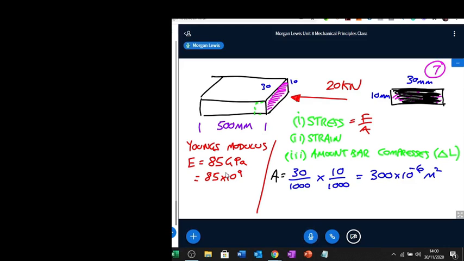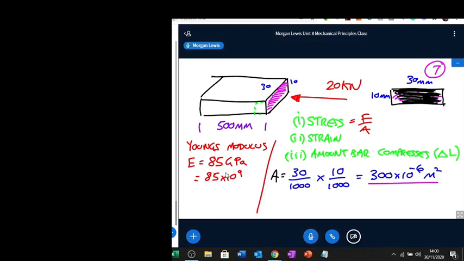Press EXP. All I've done is multiply 30 times 10 to give 300, and then divide that by 1,000,000, so you can just put the -6 on the end of it. That's the quick way of doing it, but always go step by step, just so you don't forget things.